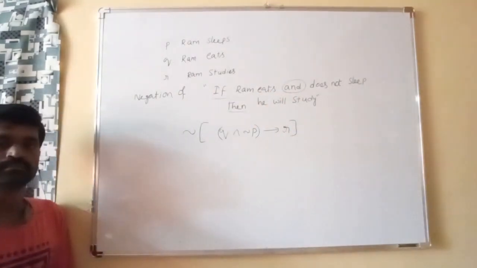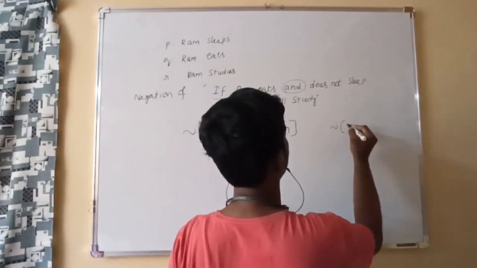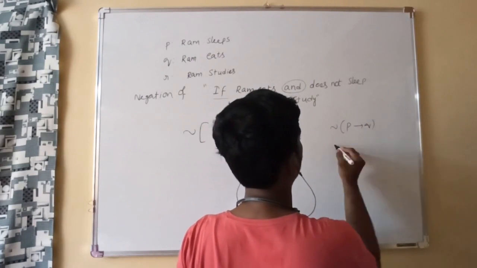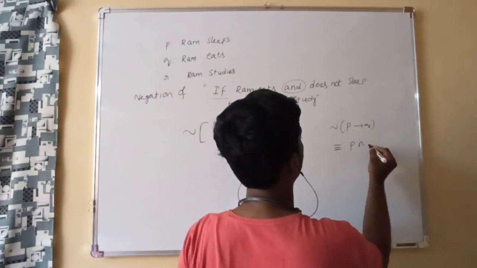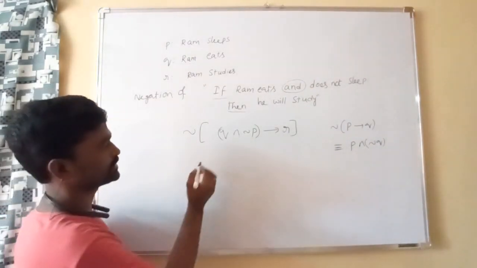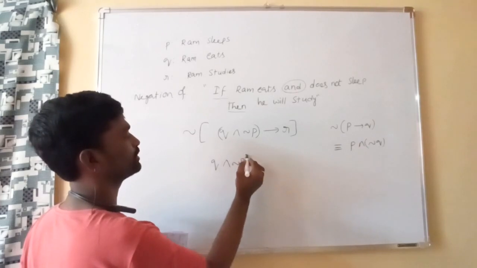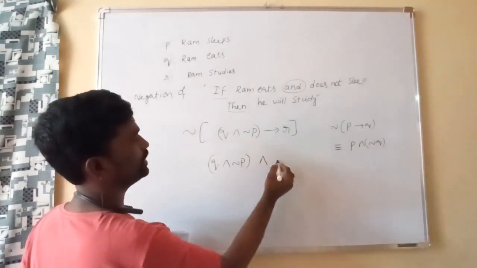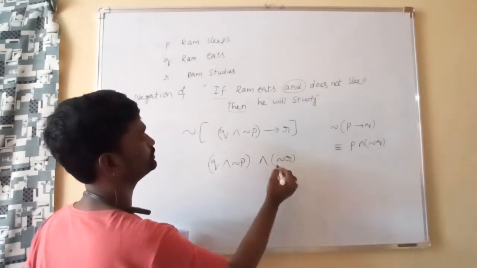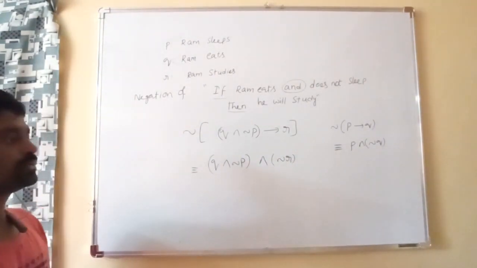So negation of P implies Q is formalized as P and negation Q. So keeping the first component as it is, that is Q and negation P as it is, and negation R. So that was the answer.